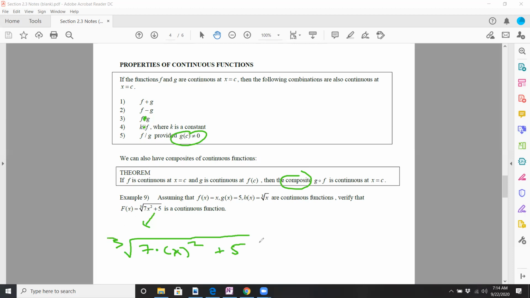So you could initially start by doing this. The cube root of 7 times f, and I'll write just f instead of f of x because it gets a little too busy, plus g itself. And because the whole thing is a cube root, we can write it as h of 7 f squared plus g.